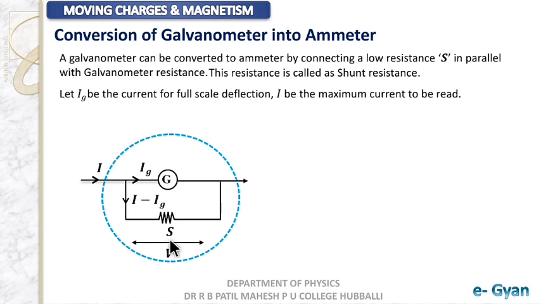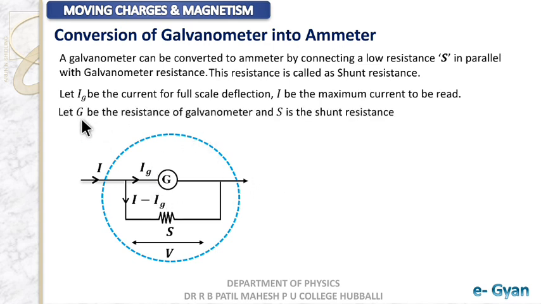To find out the value of this resistance, we shall try to understand the further concept. Here let G be the resistance of the galvanometer and S be the shunt resistance. Since these two are in parallel, the potential difference across both should be the same.